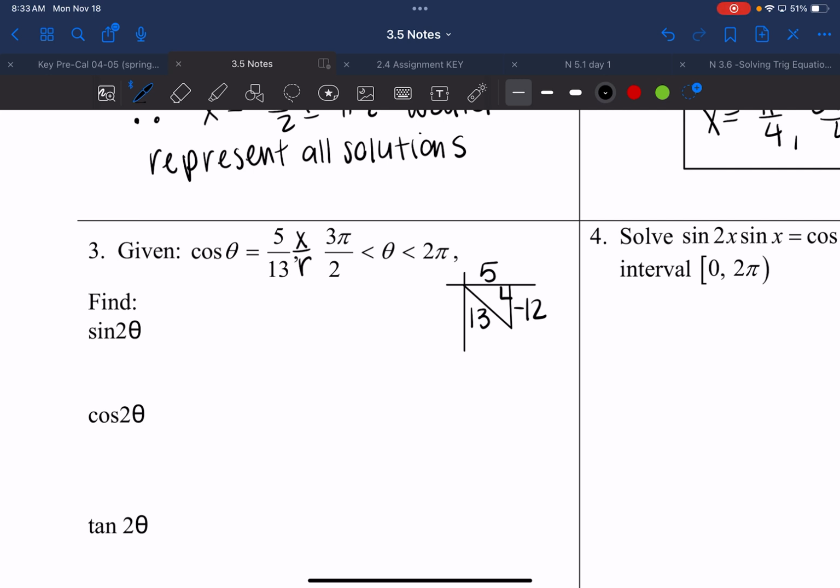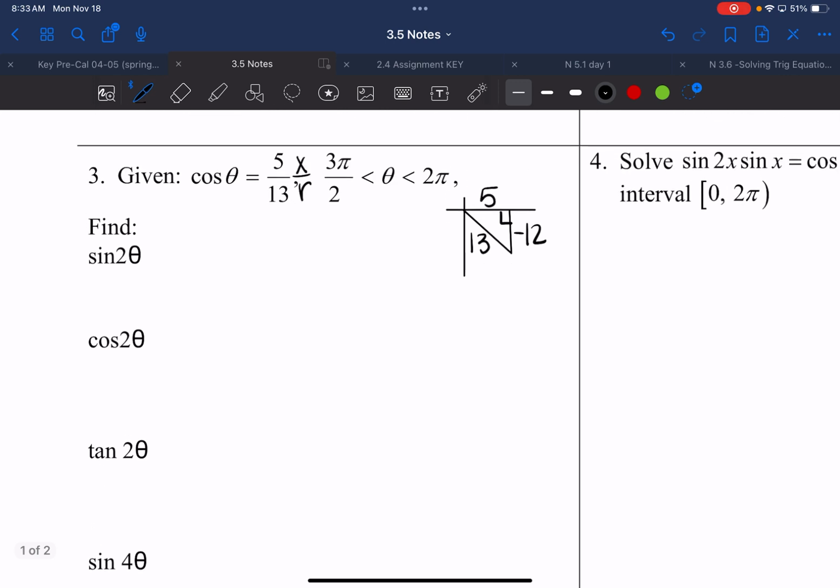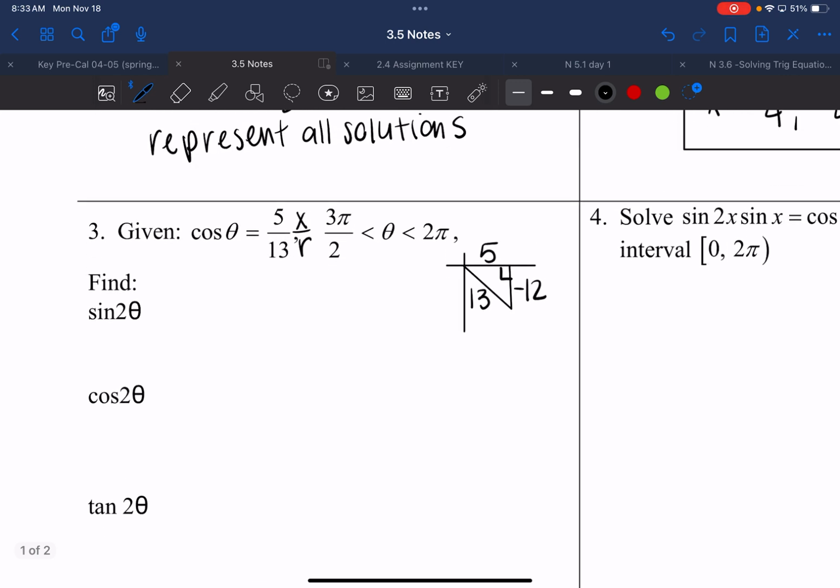Okay. And then they ask us to find sine of 2 theta, cosine of 2 theta, tangent of 2 theta, and sine of 4 theta. Okay, so I am allowed to rewrite sine of 2 theta as what from up above? Right.